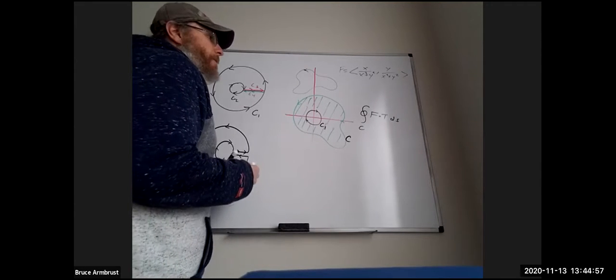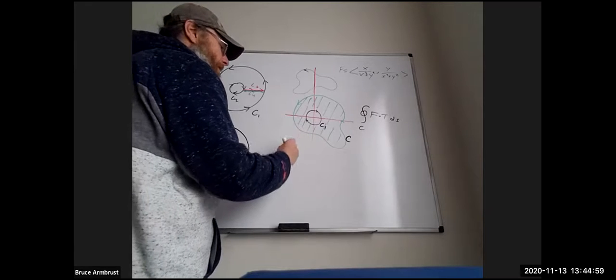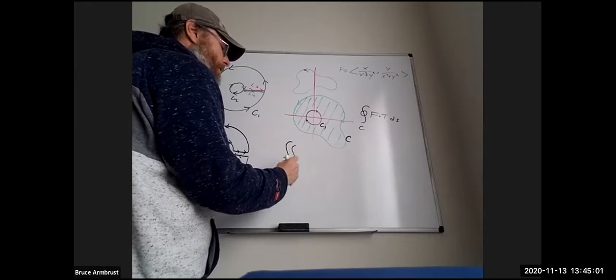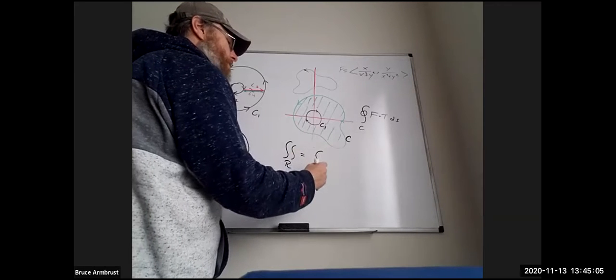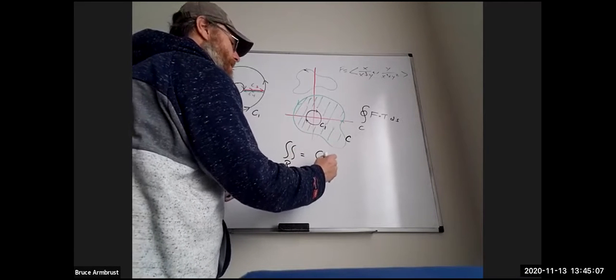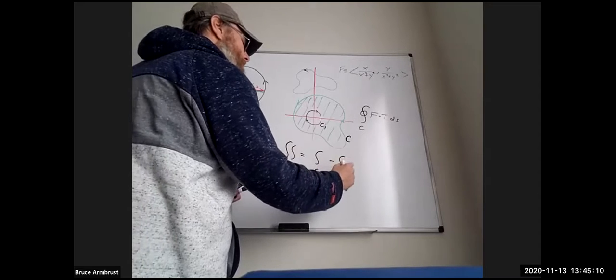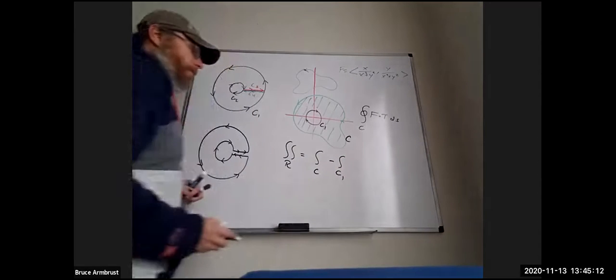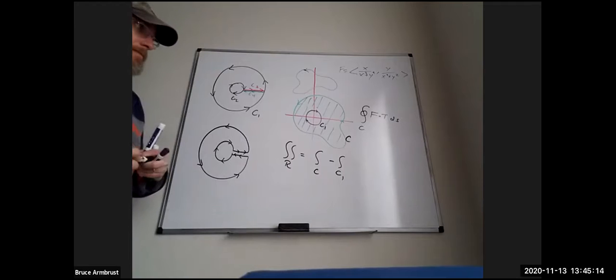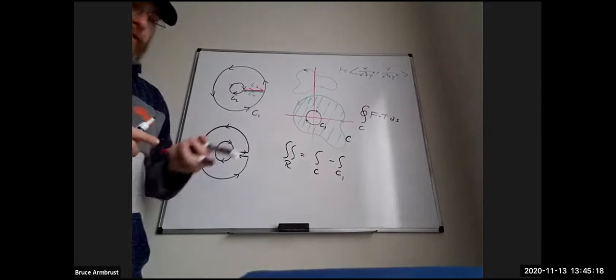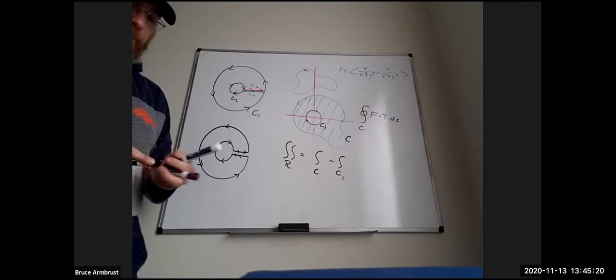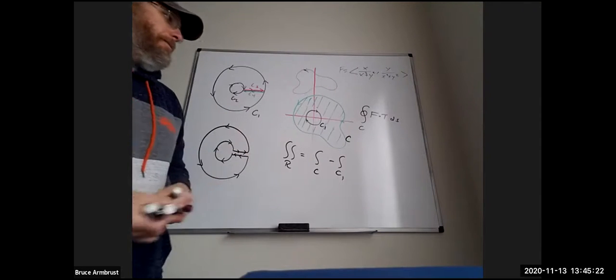So whatever I end up getting from my Green's theorem on this, the double integral over the region, this is going to be the line integral over C minus the line integral over C1. And the reason it's a minus C1 is because it's going in the opposite direction for the interior part.